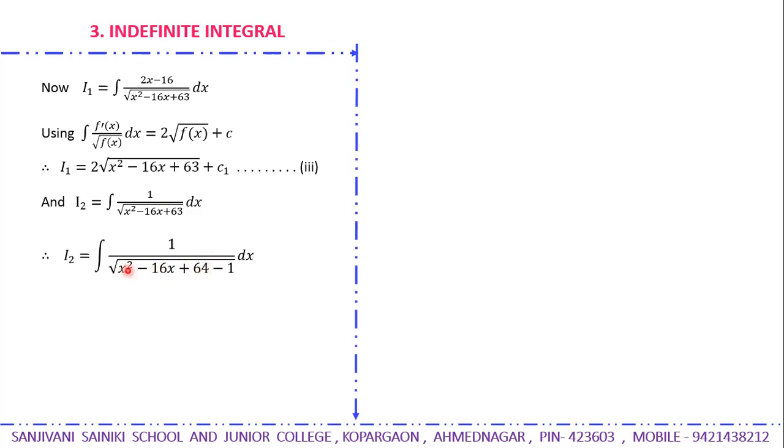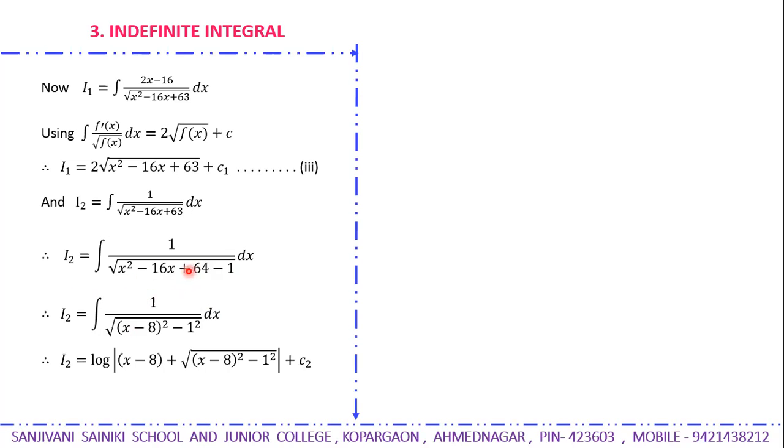This gives you x minus 8 bracket square minus 1 square. So the integral of 1 upon root x square minus a square is log of x minus 8 plus root x minus 8 bracket square minus 1 square plus c2. So the integral of the given function is log of x minus 8 plus root x minus 8 bracket square minus 1 square plus c2.